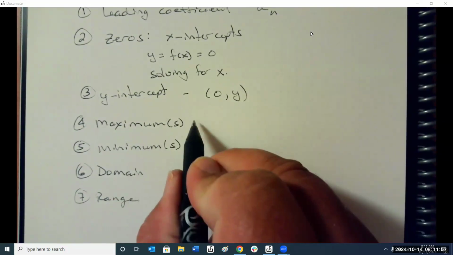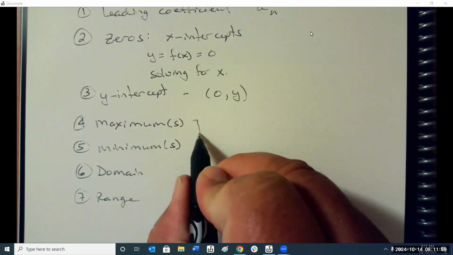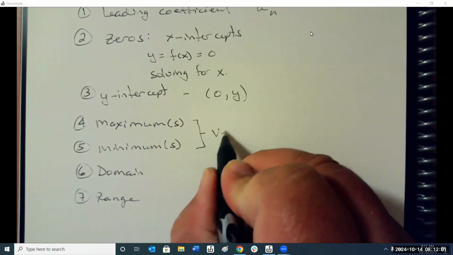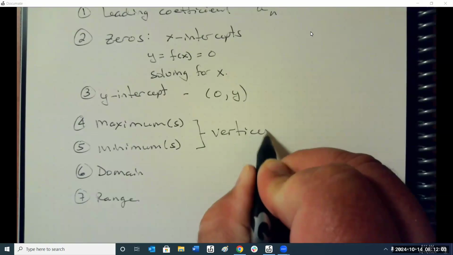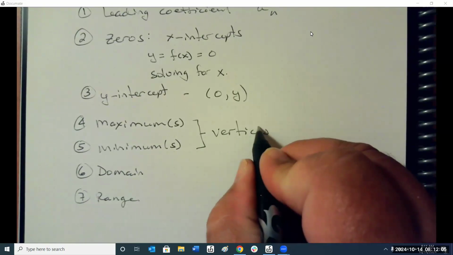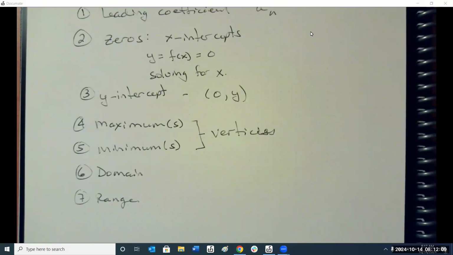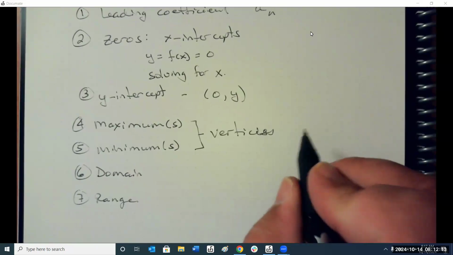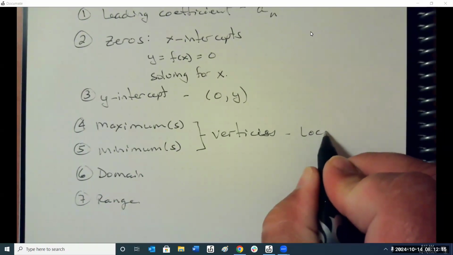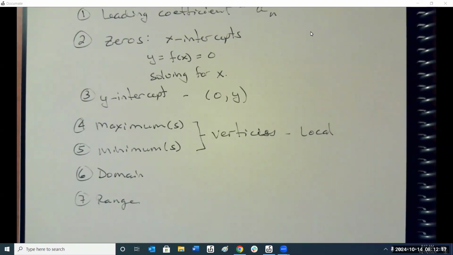Now, maximum minimums are what we call the vertices. We're only looking for the local extrema, because the highest and lowest really isn't important.